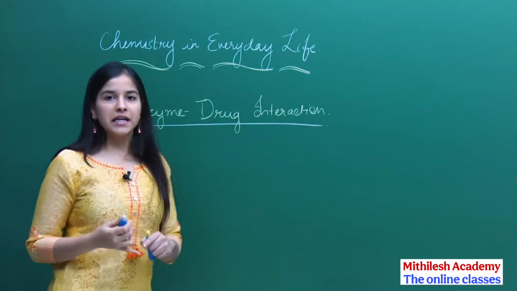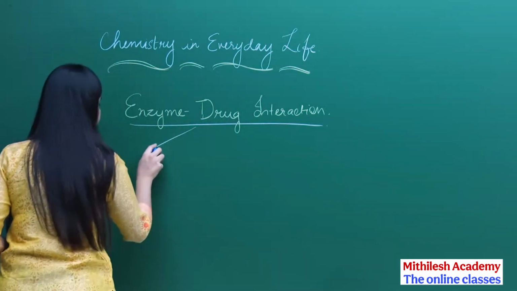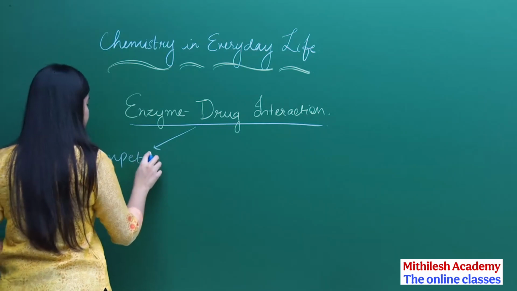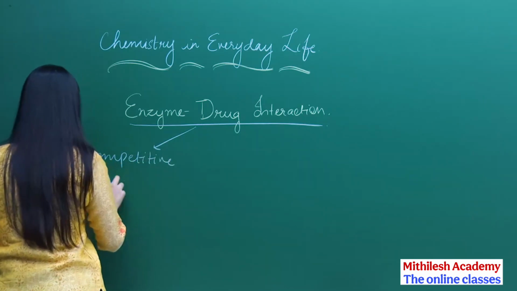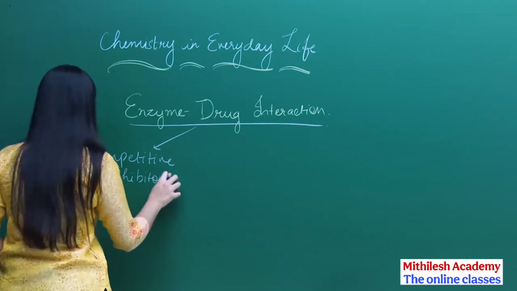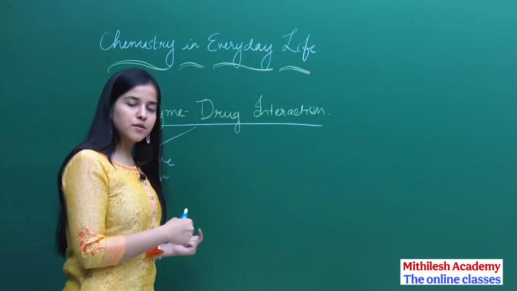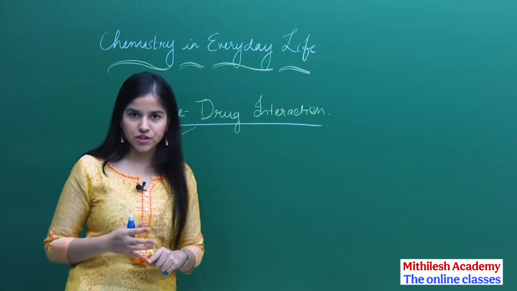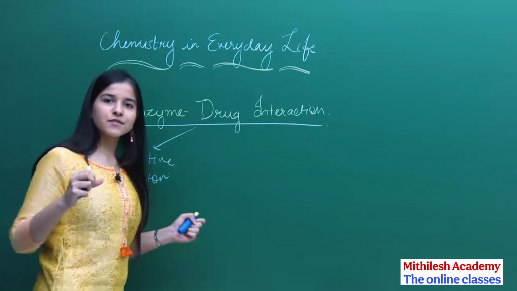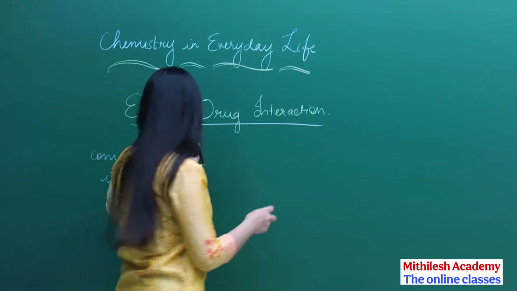First of all, it is acting as a competitive inhibitor, as well as a noncompetitive inhibitor. These terms I did not introduce in the last session. It is nothing but what we have discussed so far, the mechanisms that we have discussed so far in the case of enzyme-drug interaction particularly.